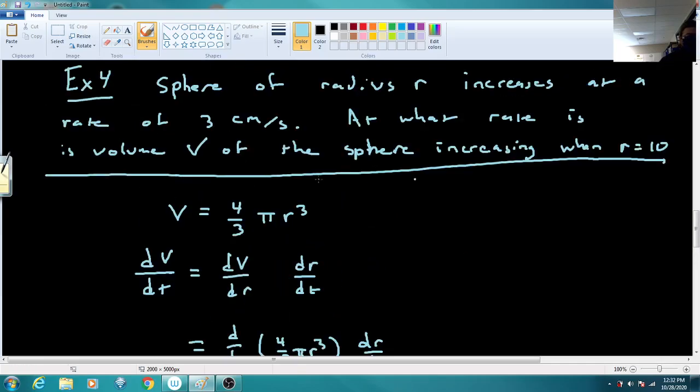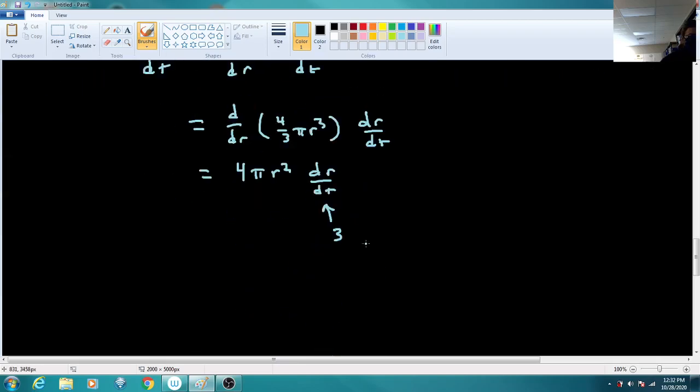At what rate is the volume of the sphere increasing when the radius is 10? The radius is increasing at 3 centimeters per second, and we're asking, how big is the sphere, and at what rate is it increasing when 10 is plugged in there? So what we get is 4 times pi times 10 squared times 3.